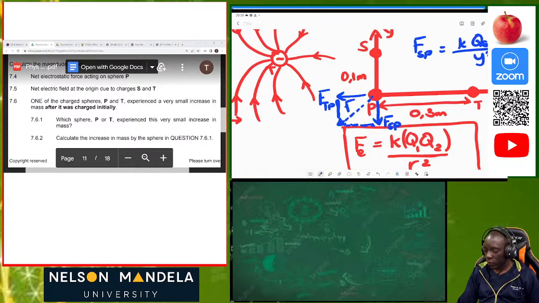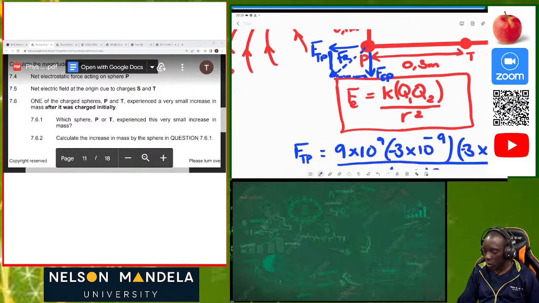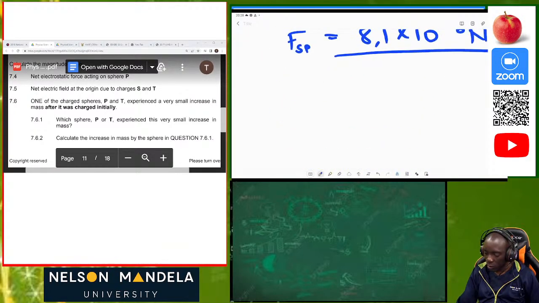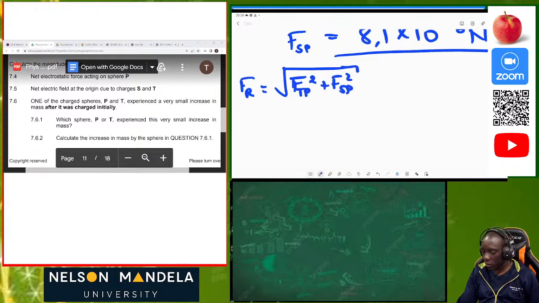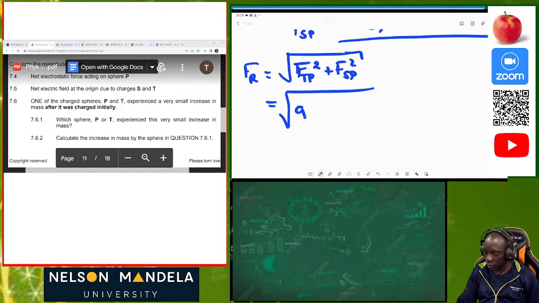So this is FR, the resultant, which is the root of FTP squared plus FSP squared, which is the root of 9 times 10 to the minus 7 squared plus 8.1 times 10 to the negative 6 all squared.